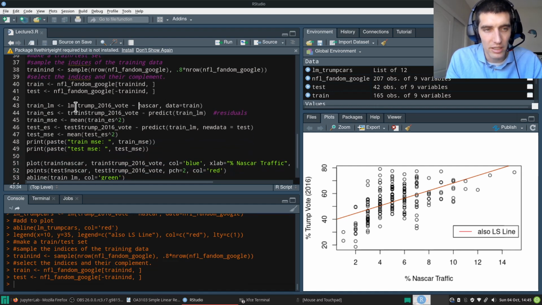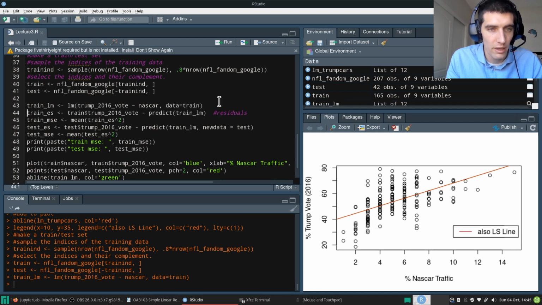So now when I build my linear model, I'm going to use data equals train instead of data equals all the data. I have my training residuals, which I can get by saying true y minus the predicted y. And this predict is important.